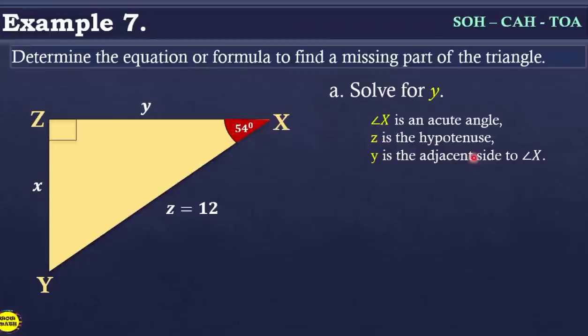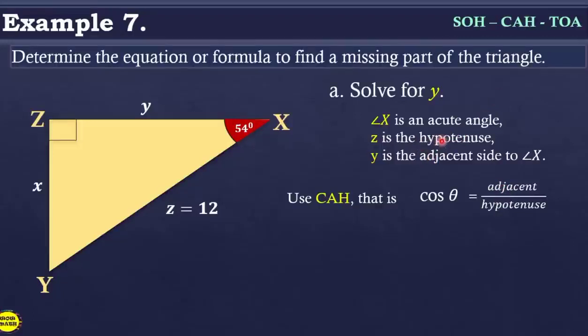Now, given this data, we have the hypotenuse and the adjacent. Alin dito yung may hypotenuse at may adjacent? Yun po ay cosine, kasi may hypotenuse, may adjacent. So, ang gagamitin natin ay cosine. We have cosine theta is equal to adjacent over hypotenuse. Yun po ang may given tayo.